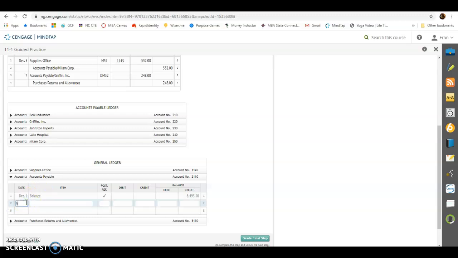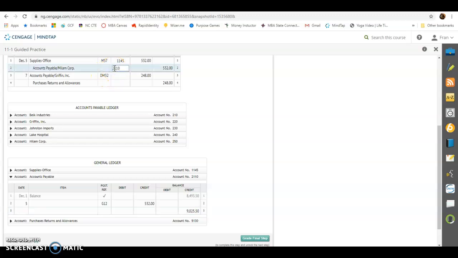We're going to type in the 5th, G12, the credit is $532. And it's a credit balance, so we're going to add the two. The answer is $9,025.50. This account number is 2110. We'll type it in there.